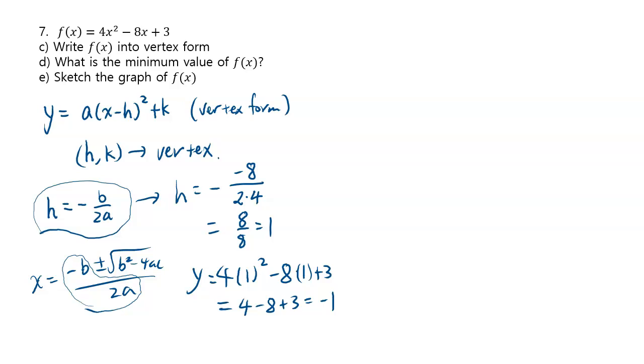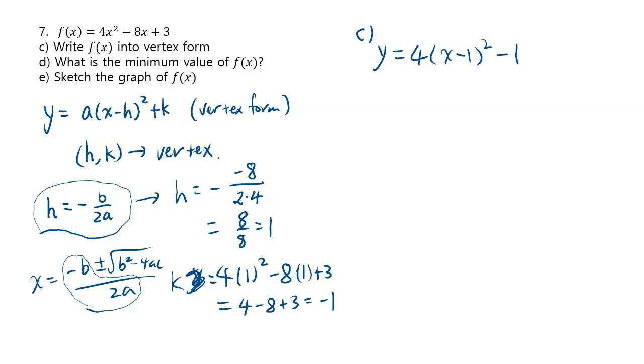Alright, so the vertex is actually (1, negative 1), and the answer to C would be y equals, a is the same as this one, so it's 4, x minus h is 1, and then k is negative 1. Okay, we got the k value. And maybe I should just say the k value is when you plug the h into the function, you get the k value, okay?